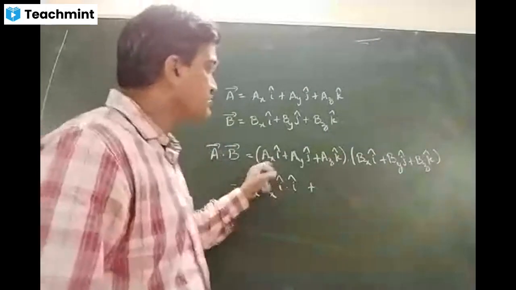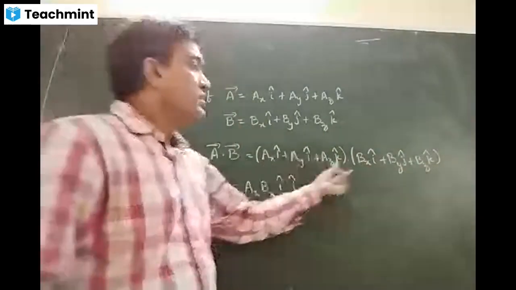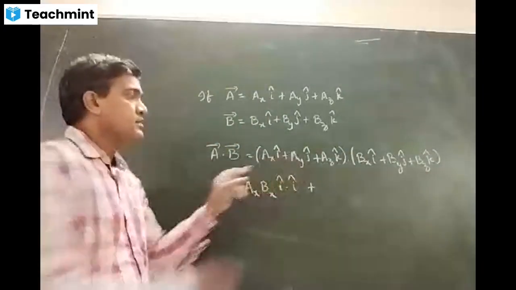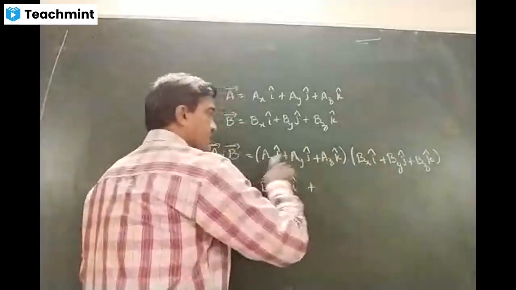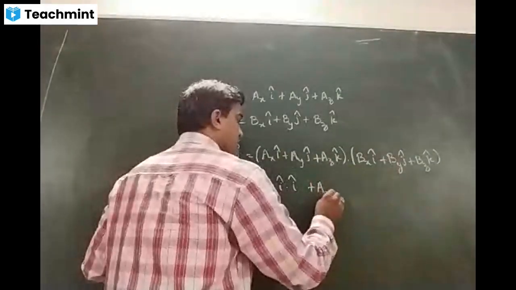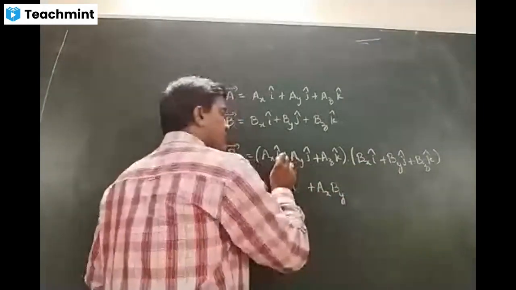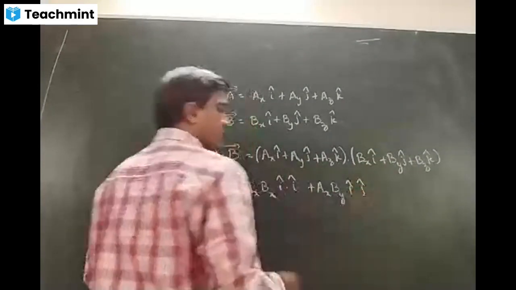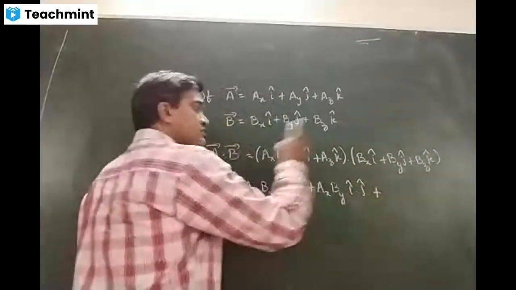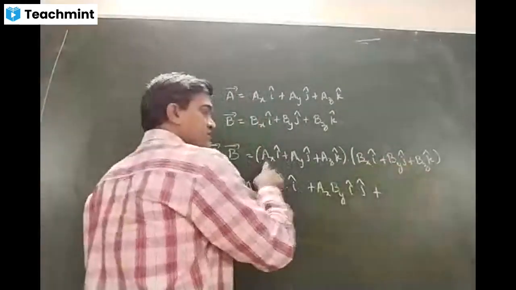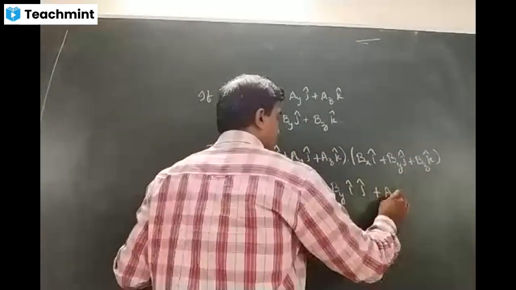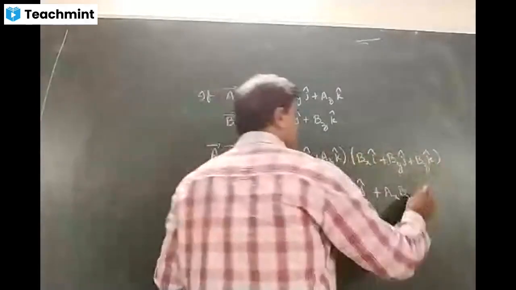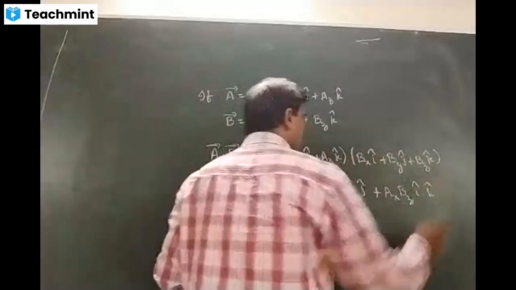I am multiplying all these terms with the first term of the first vector. So AX BX is done. AX BY, I have to multiply I cap dot J cap. Plus again the first term with the last term, AX BZ, I have to multiply I cap dot K cap.